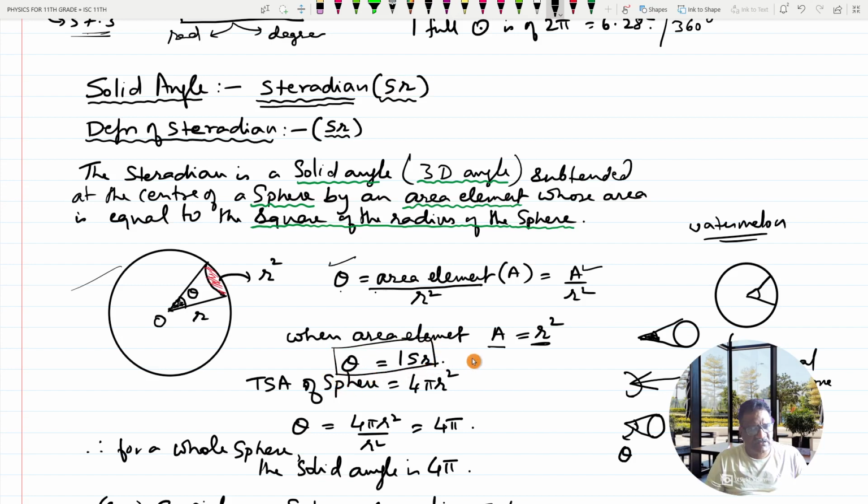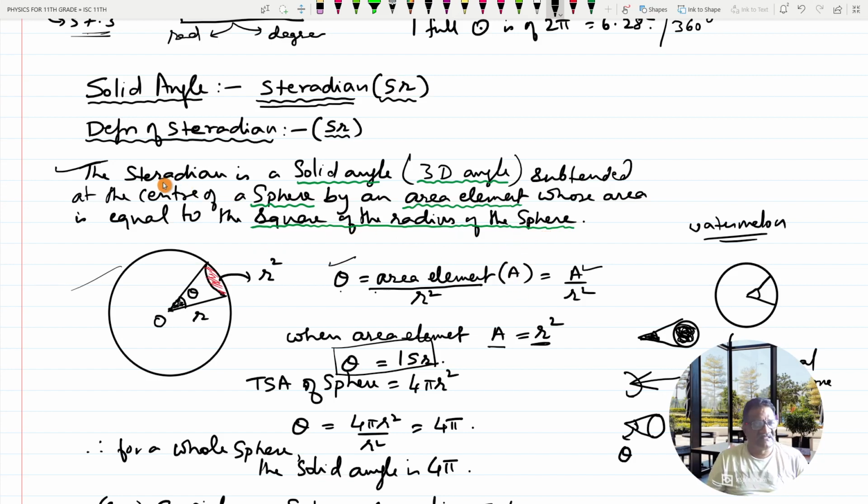So if you want the definition of steradian: a steradian is a solid angle, a three-dimensional angle, subtended at the center of the sphere by an area element, this pink shaded region, whose area is equal to the square of the radius of the sphere.